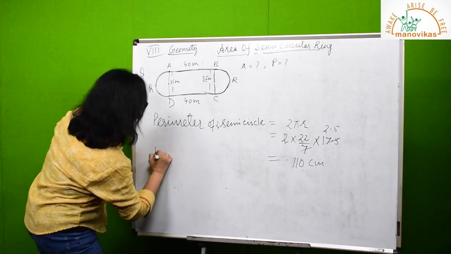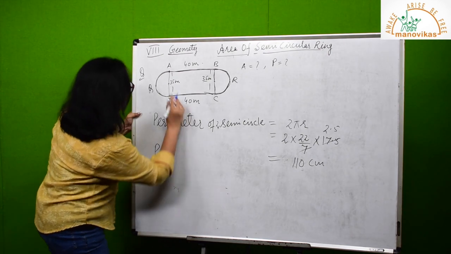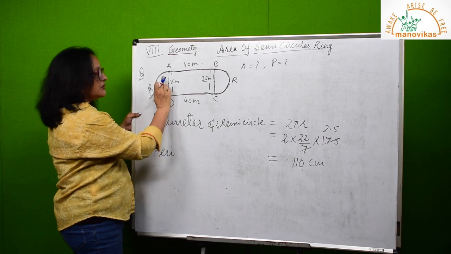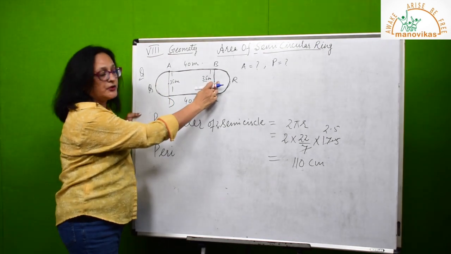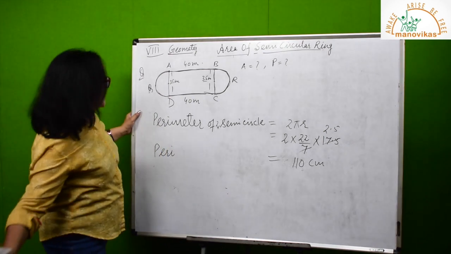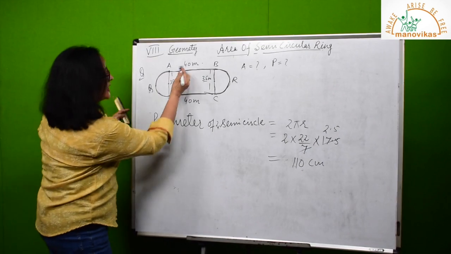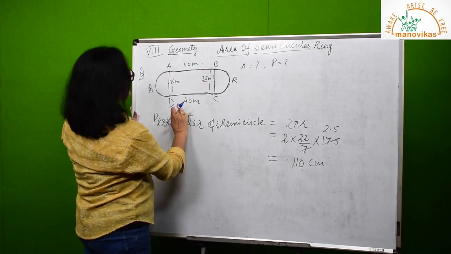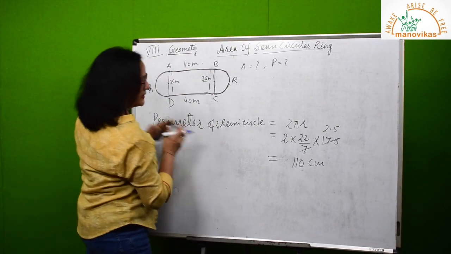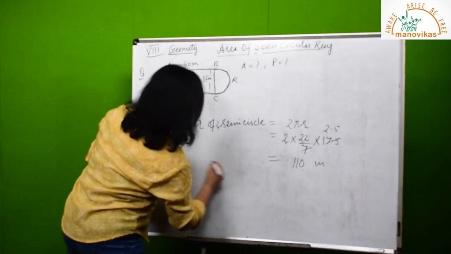Now find the perimeter of the rectangle. So this breadth also we have not to take. So for the perimeter, another length we should say. So perimeter of two semicircles we have got 110 centimeter, and in this if we add 40 meter and 40 meter, so we will get the boundary of this.